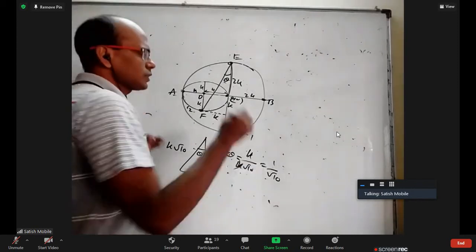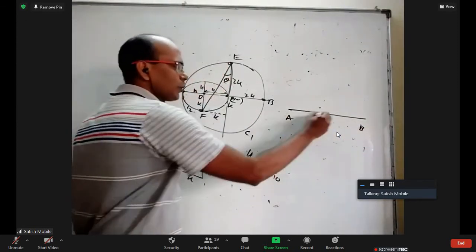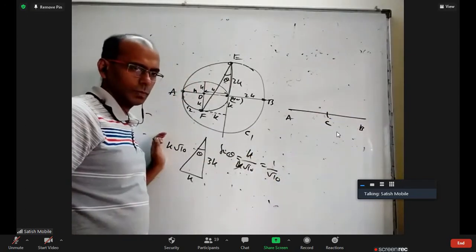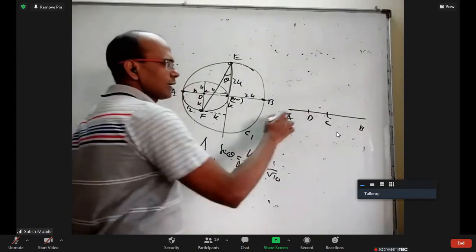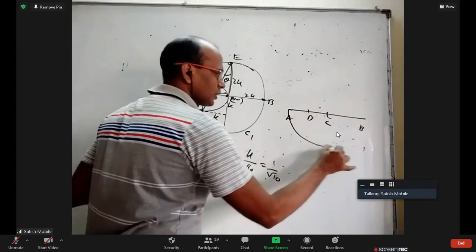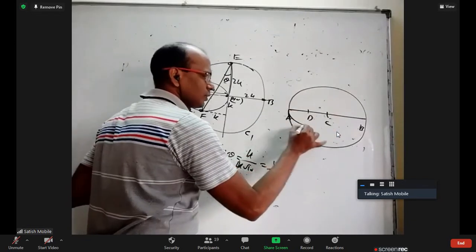The question is, first you take a line segment AB, and the midpoint of that is C. The midpoint of A and C is B. Take A and B as ends of a diameter, you will get one circle. Take A and C as ends of a diameter, you will get another circle.